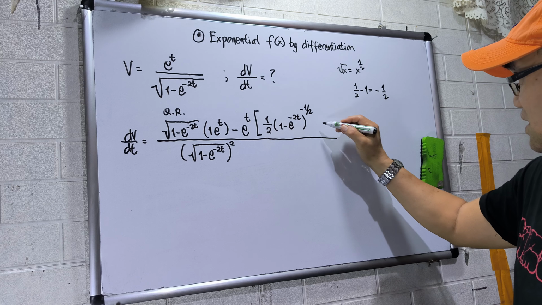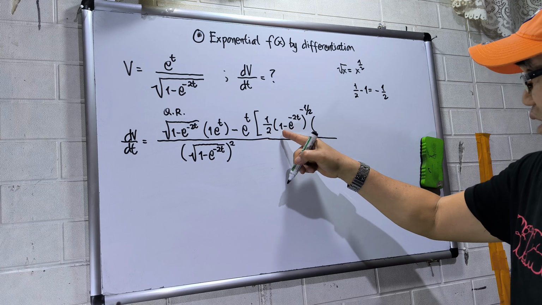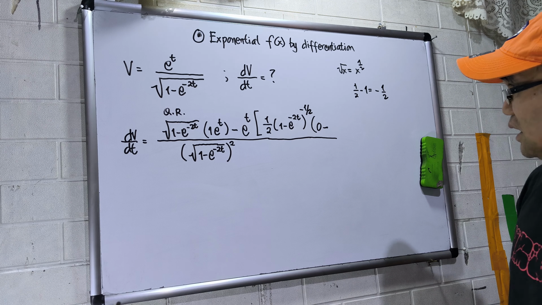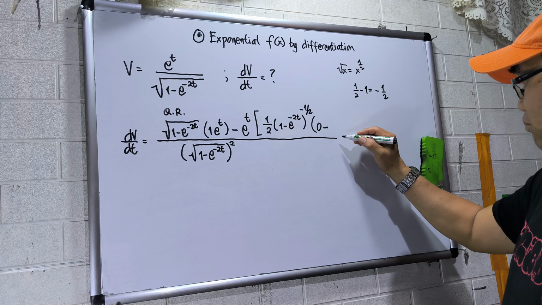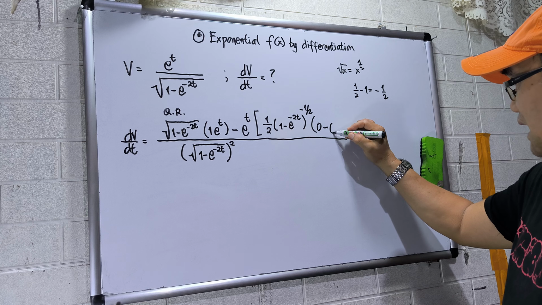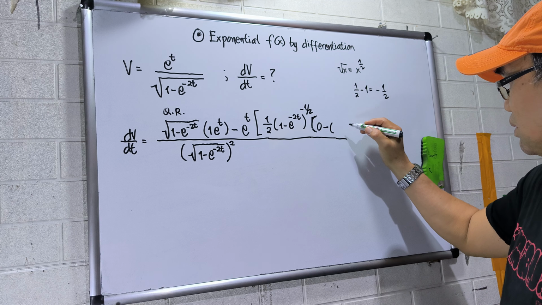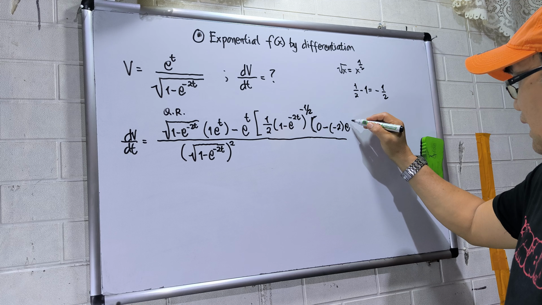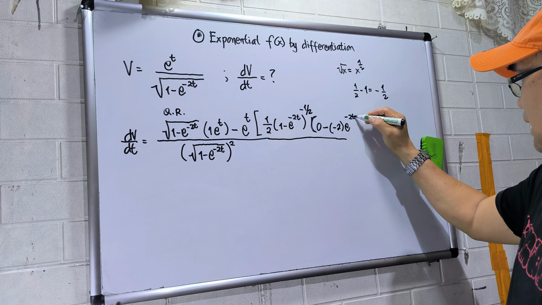Then derivative inside the circle brackets, derivative of 1, that will be 0, then derivative of e raised to the negative 2t, so this will be negative 2 times e raised to the negative 2t.